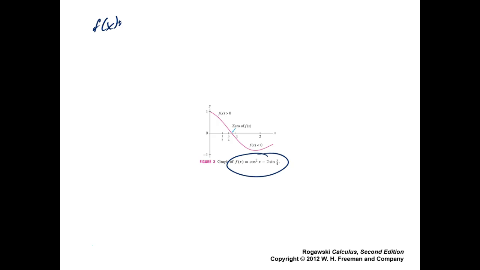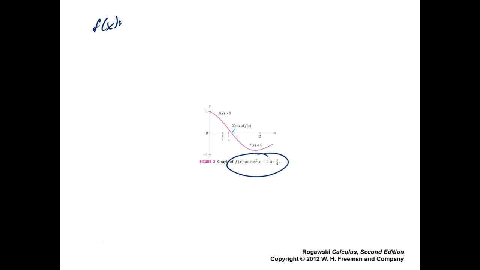And just for funsies, even though I've already done it for you, do f of x equal cosine squared x minus 2 sine x over 4, and plug in x equals 0, you'll see that comes out 1. And if you plug in 2, you'll see it comes out a negative value. I don't know what it is, but it's going to be a negative value.